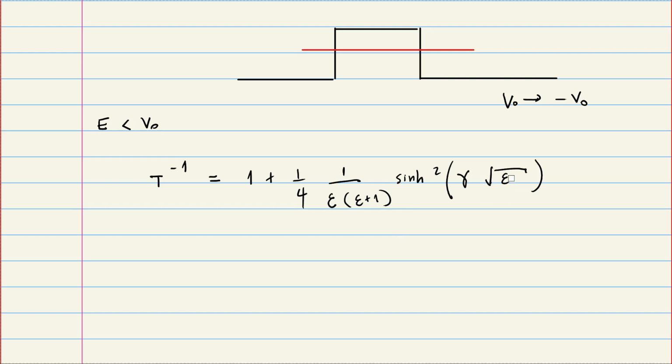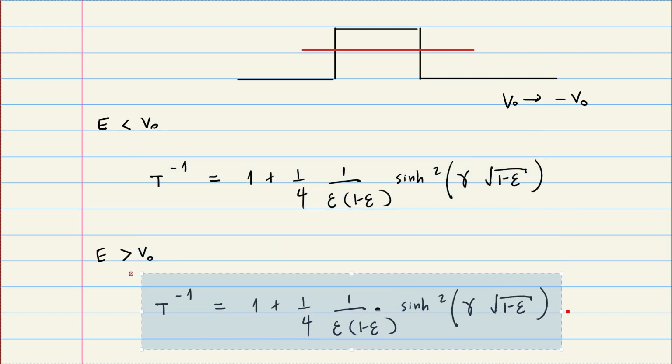And this 1 plus epsilon is going to be 1 minus epsilon. And here you are going to have 1 minus epsilon. Good? So 1 minus epsilon, epsilon, sine hyperbolic, gamma. And if E is bigger than V naught, the previous solution is exactly intact.